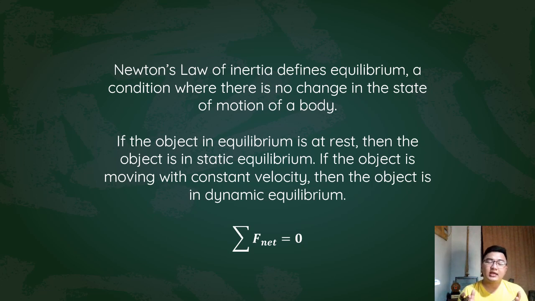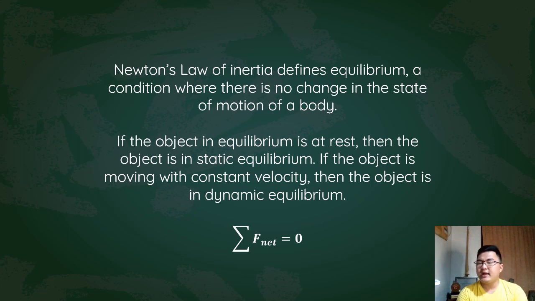And equilibrium can either be static or dynamic, which means an object at rest and an object moving at a constant velocity respectively. If the object is moving with a constant velocity, then we call that dynamic equilibrium. And if the object is at rest, then that is known as static equilibrium.